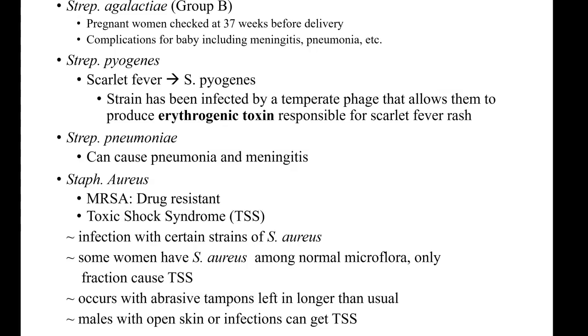Some women may have this particular strain among their normal microflora. Only a fraction of these organisms will cause toxic shock syndrome. Males can also get toxic shock syndrome, but we mostly see warning signs on tampon boxes.